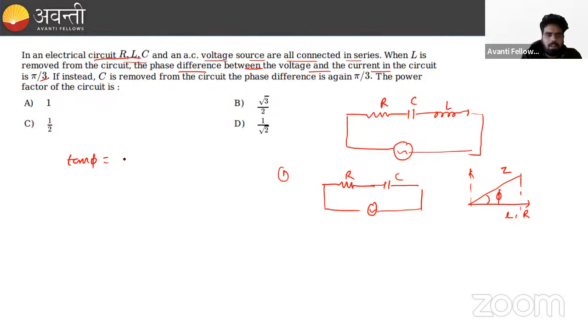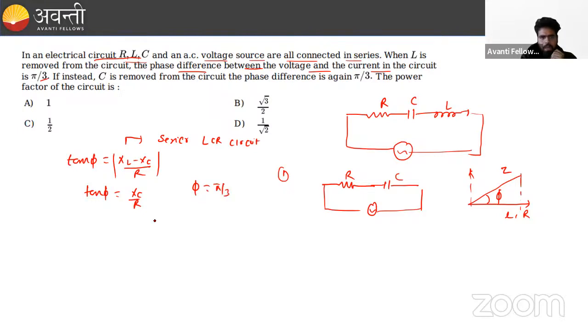It is always written as XL minus XC upon R in magnitude, right? This formula is always valid for a series LCR circuit. But in this problem, when L is removed, tan phi equals XC upon R. And it is given that the phase angle in this condition is phi equal to pi by 3. If you put this value, this will become tan pi by 3, equal to XC by R.